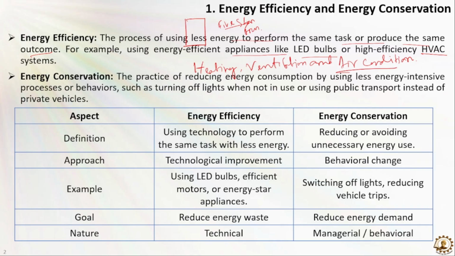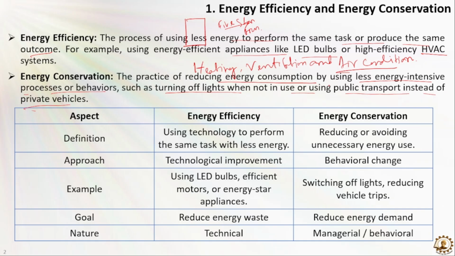And energy conservation is basically from the aspect of our own behavioral changes. Energy conservation can be defined as the practice of reducing energy consumption by using less energy intensive processes or behaviors, such as turning off lights when not in use or using public transport instead of private vehicles.